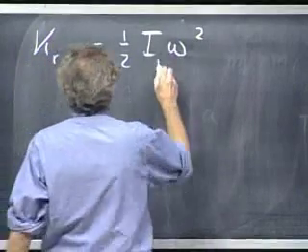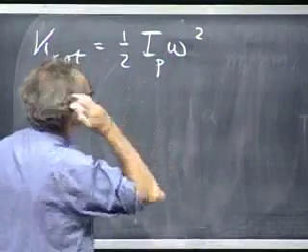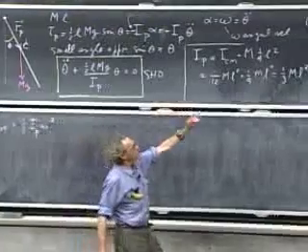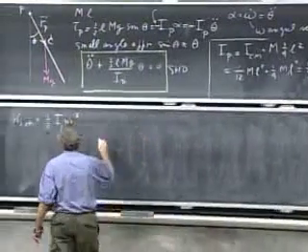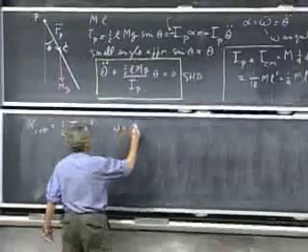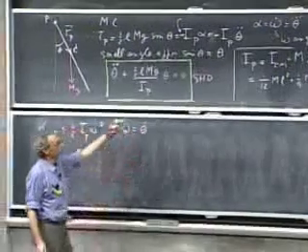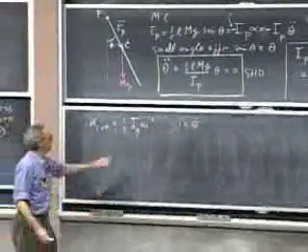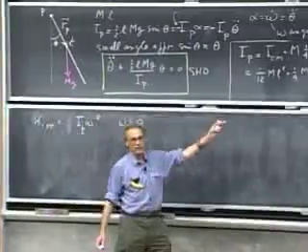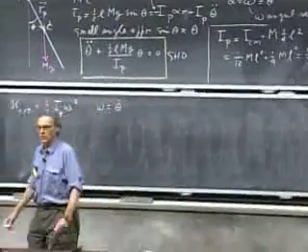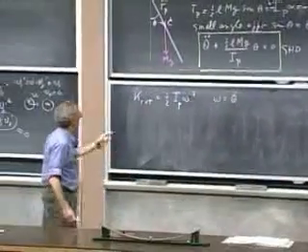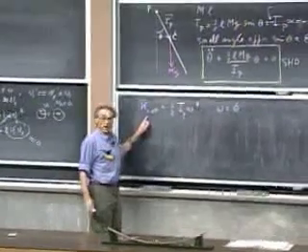This is I about that point P. You know what theta is as a function of time? So omega equals d theta dt. So you can find what omega is. You know what I of P is. We just calculated it. And so you know what the kinetic energy of rotation is at any moment in time. It will change.